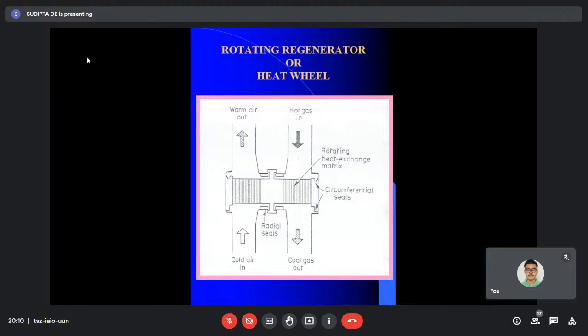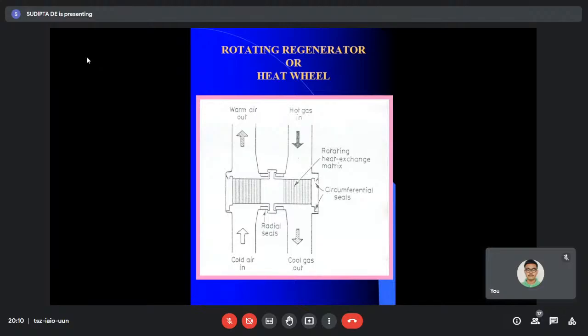It can be in the form of a tube, or a channel of different sections, maybe rectangular, square, or elliptical sections. But the definition of recuperative is that whatever heat exchange happens between two working fluids, they both are simultaneously flowing through different channels and separated by a surface.